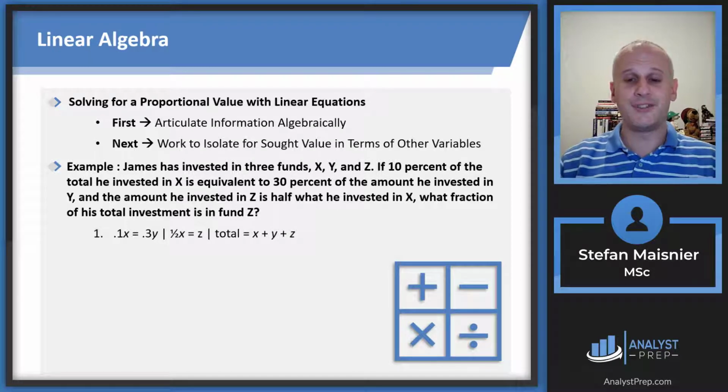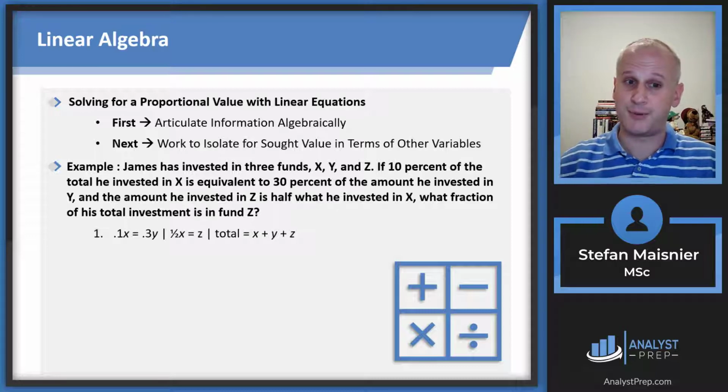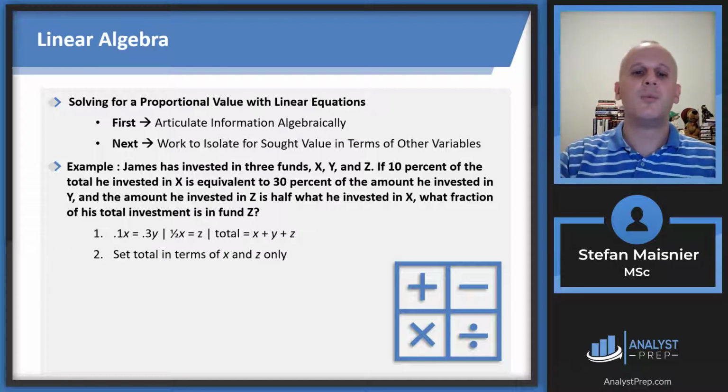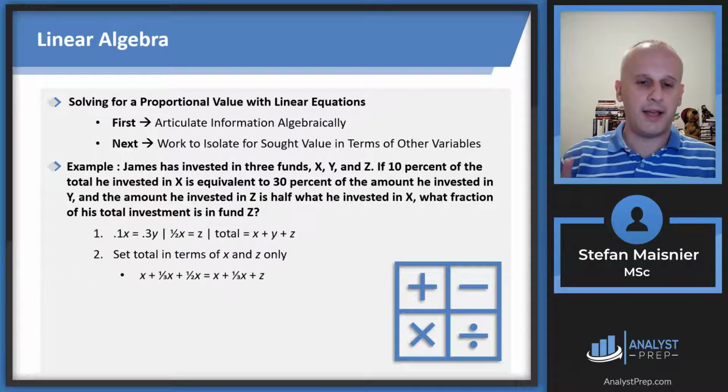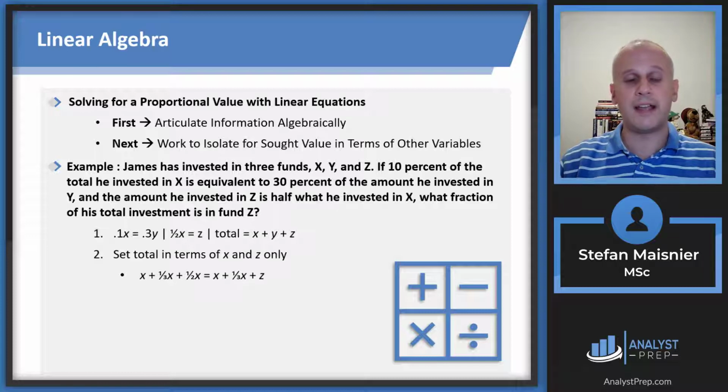Then our total is just x plus y plus z. And I don't want to think about my total as a total. I'm just saying it's x plus y plus z, because those are the 3 funds. So then we need to set these totals in terms of x and z only. So our x is just x. Our y is going to be, well, we eliminate those decimals.